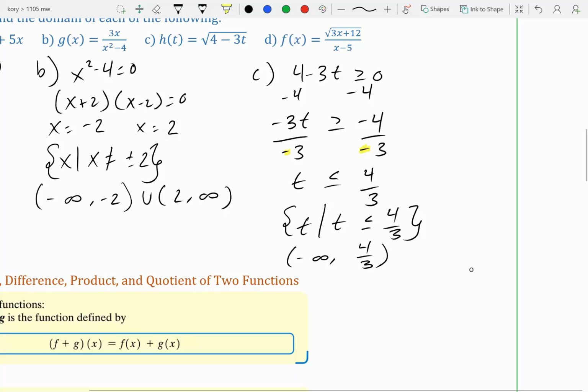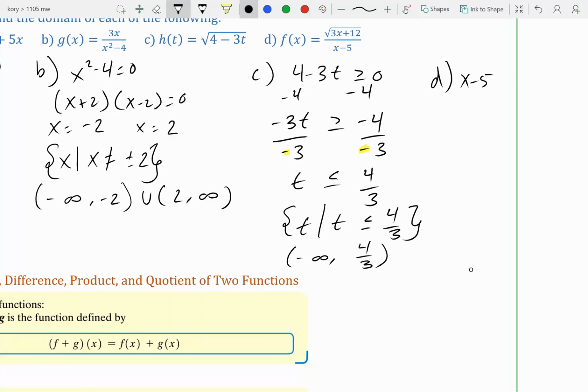Part D, we have both. We have the radical on top, and then we have the variable in the denominator. So we need to do both things. x minus 5 equals 0, so add 5, and we have x equals 5. And then we have 3x plus 12 is greater than or equal to 0. 3x is greater than or equal to negative 12, and then divide by 3.